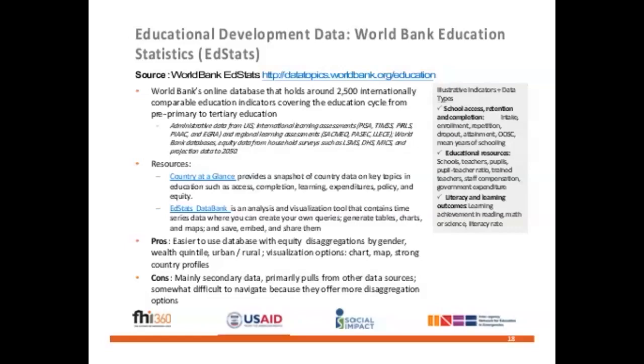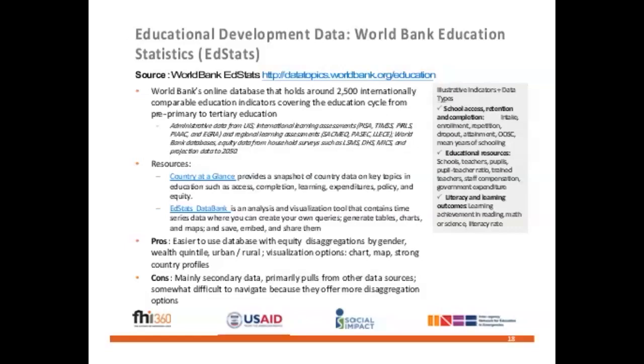One of the benefits of EdStats is that it is easier to use, or a little bit more user-friendly than UIS, and it includes additional disaggregations by equity dimension, including wealth quintile and location. However, it contains mostly secondary data and pulls from other data sources. So if you are looking for primary data, you're better off going to UIS or EMIS systems.